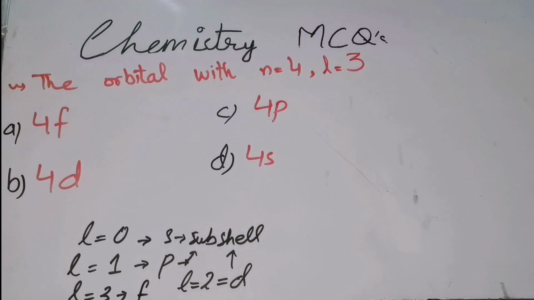Now here they say that L is equal to 3, so for L is equal to 3 we are having F. So here the correct option is option A, 4F.